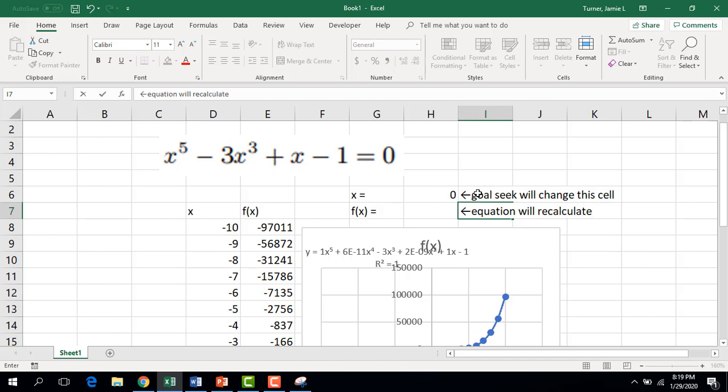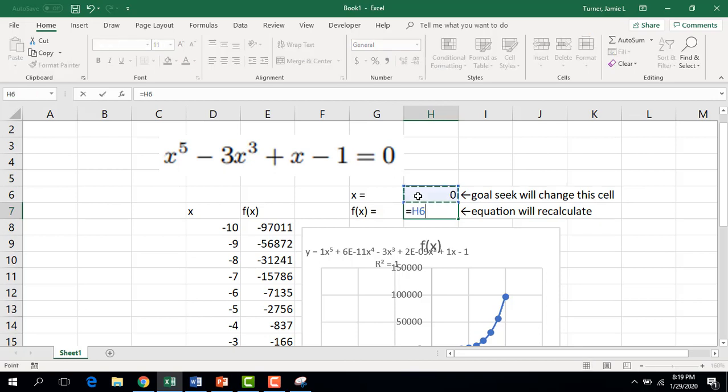So we're going to just keep changing this x value, and the point of this is to try and change x until we get to our goal, which in this case will be 0. So I'm going to put that equation in again.